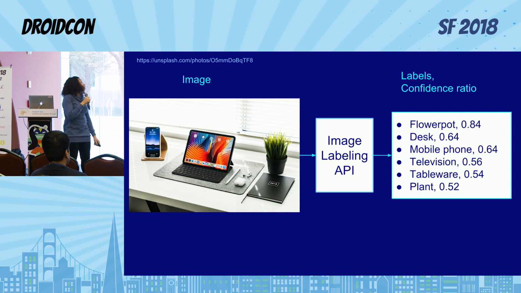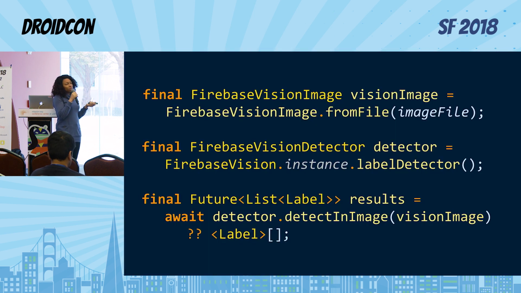So this is Dart. It's pretty much similar to how you have code on Android or iOS because it's a Firebase library. So it's very, very similar. You have a Firebase vision image class.